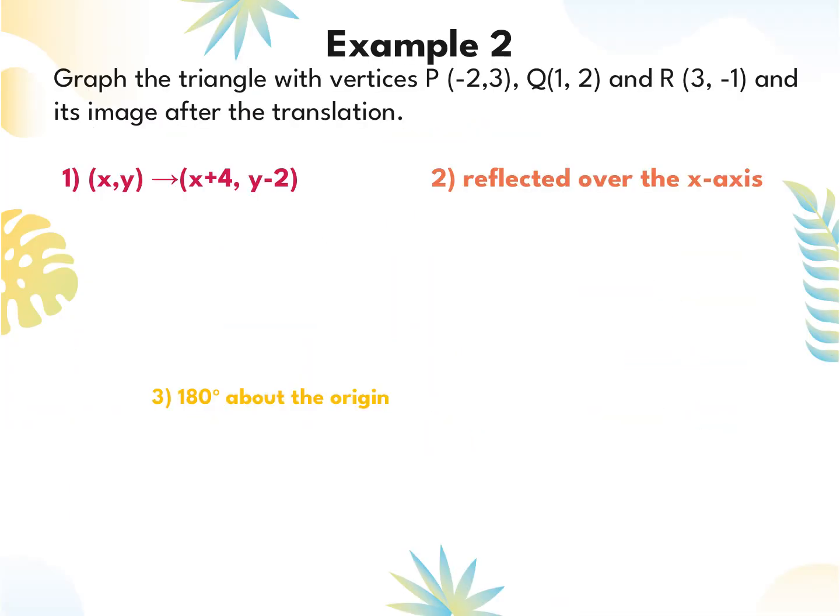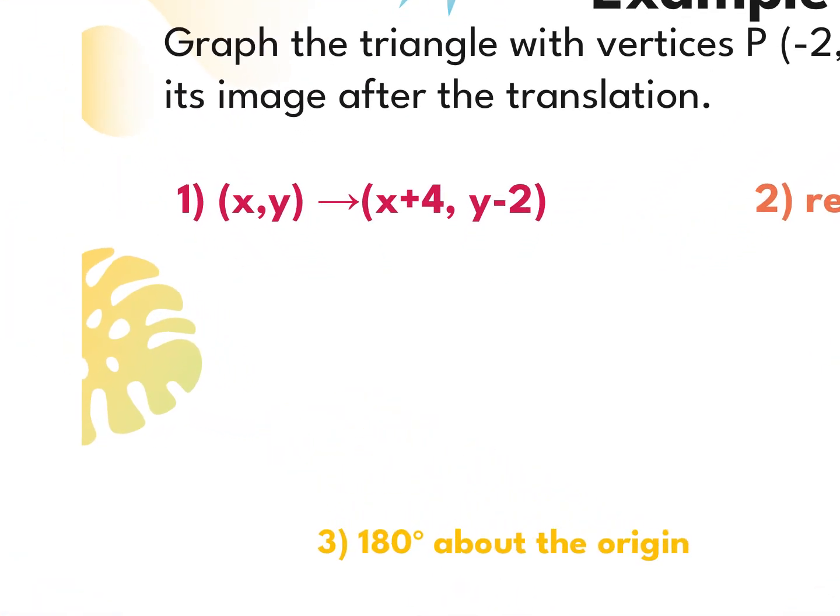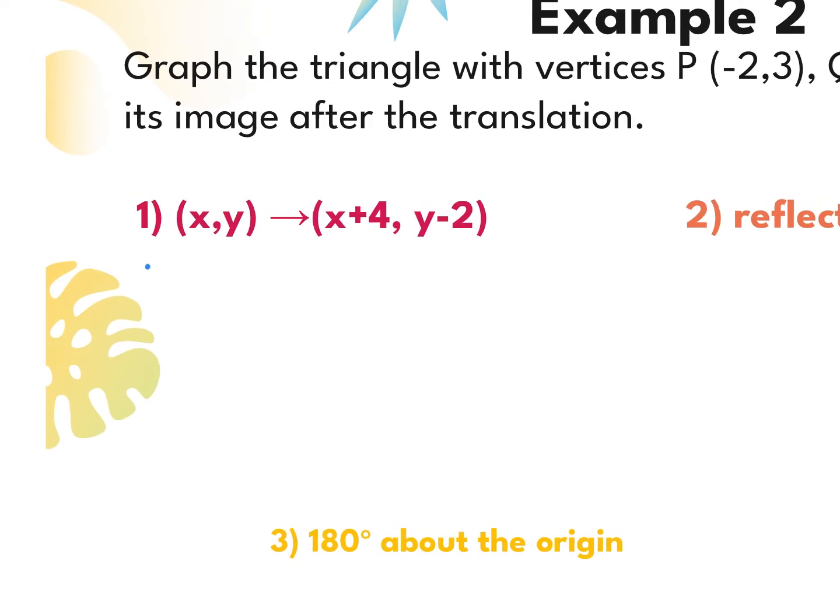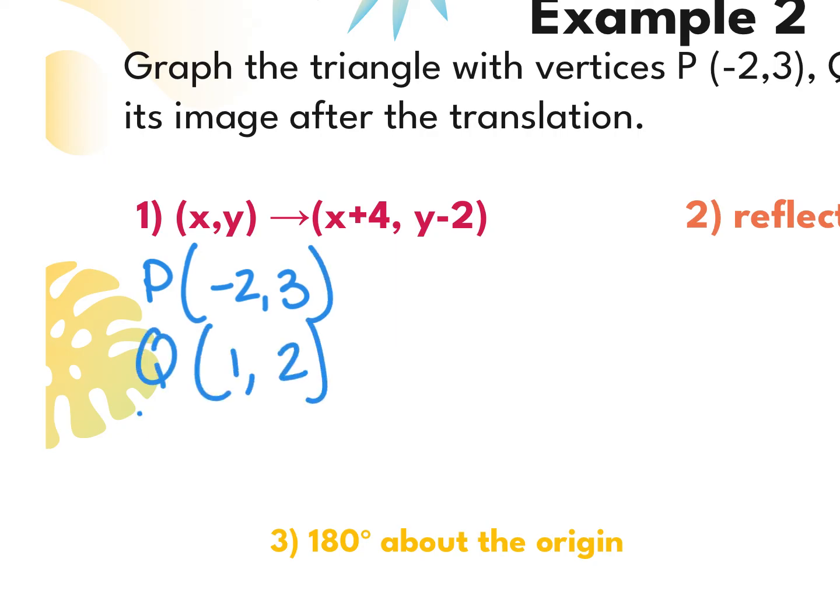Alright, so example number 2, it says graph the triangle with the vertices P, Q, R, and its image after the translation. For this one, they're already giving us the rule. All we have to do is plug it in. Taking the coordinates they gave me, I have P, which is (-2, 3), Q, which is (1, 2), and R, which is (3, -1).